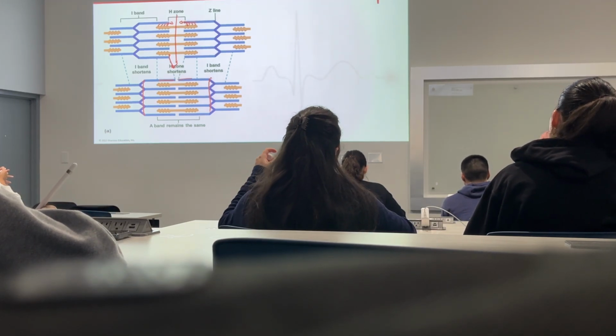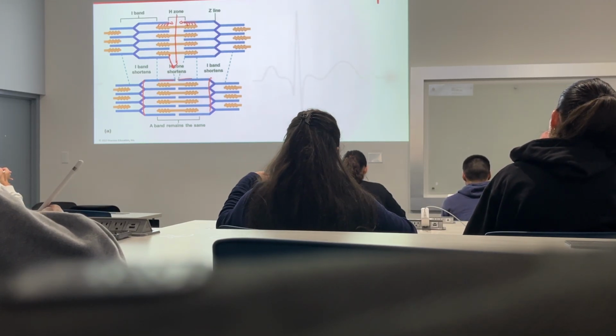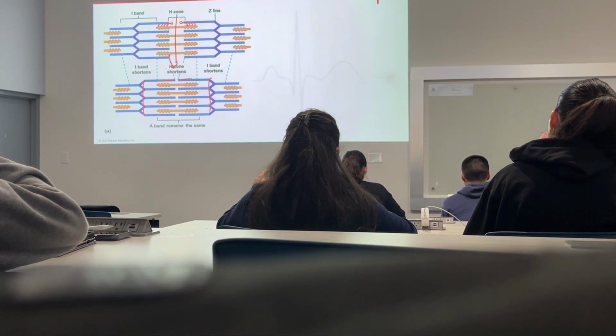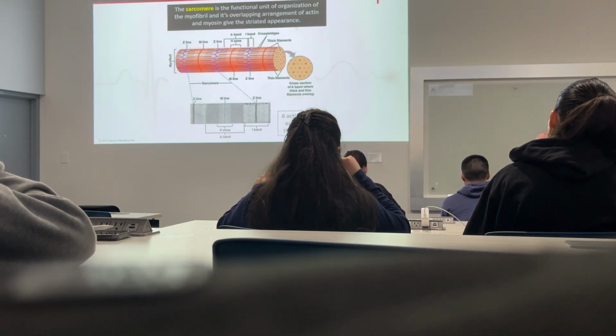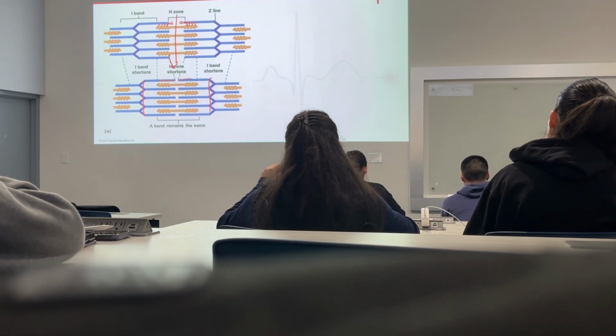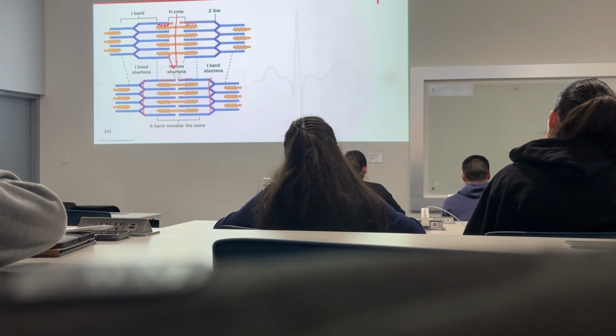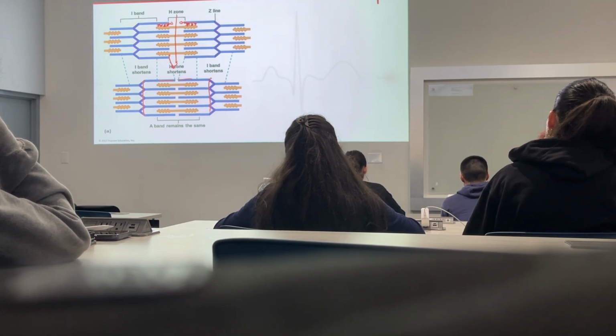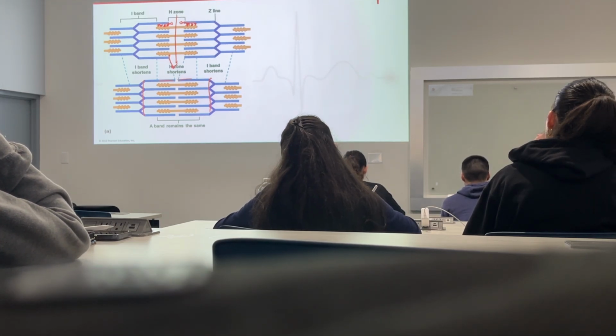It's the physical observation made by scientists that these filaments were sliding over each other during a contraction. And what was actually happening was the myosin heads were cycling, pulling the actin filament towards the M line, and that was causing myosin and actin to overlap each other more.